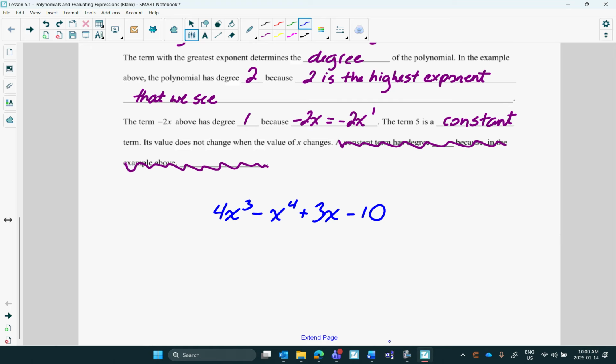Okay. What's the constant? Careful. -10. Good. Okay. Finally, what's the degree? 4, because it's the highest exponent that you see. Okay. So that's what you should be familiar with.